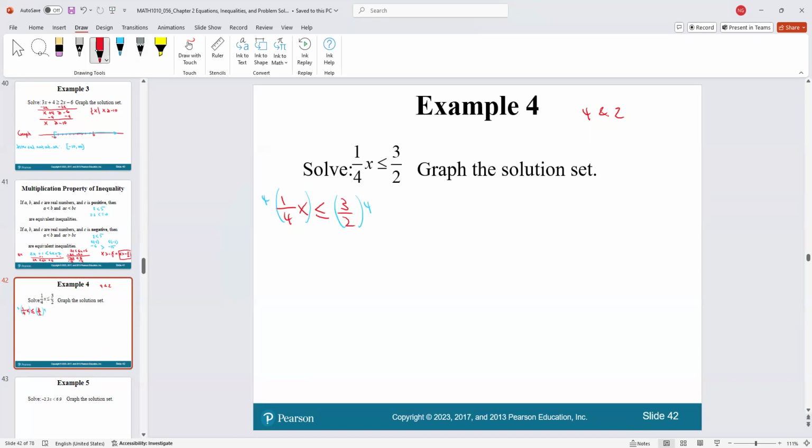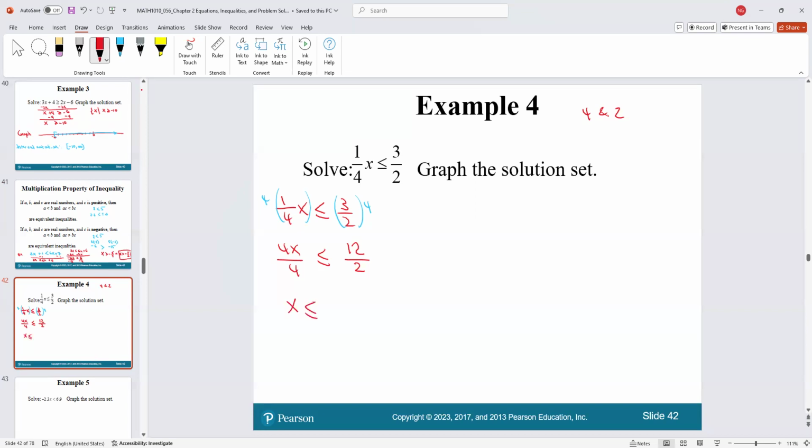Okay? So now I end up having 4x/4 ≤ 12/2, because 3 times 4 is 12. Now, 4/4 is x, so x ≤ 12/2.